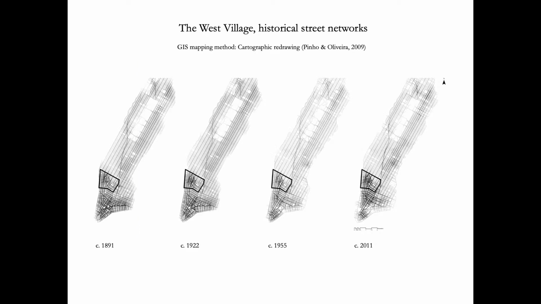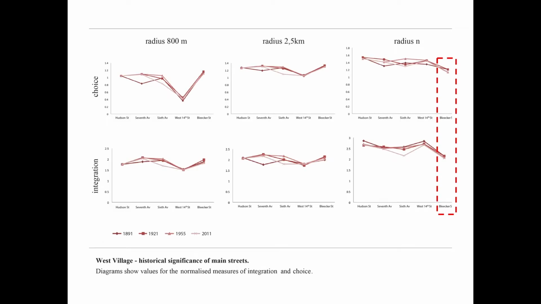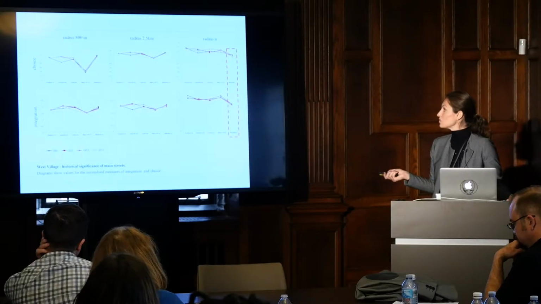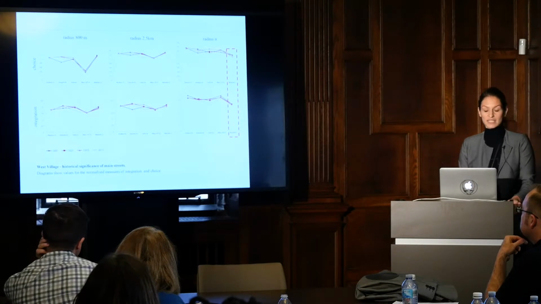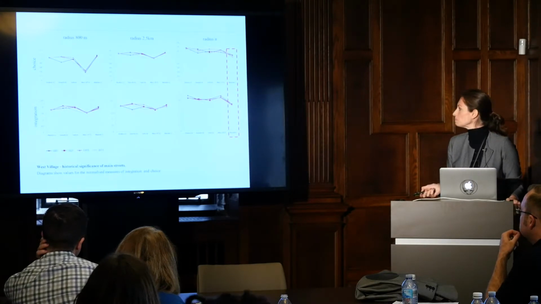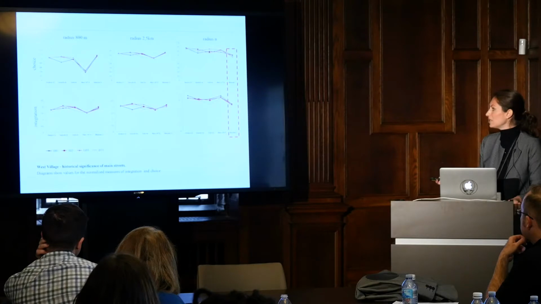So if you're wondering how I came about that, that was a mapping process. And by having this four-time series and looking again at the prominence of these specific streets, again I found that Bleecker Street was consistently weaker compared to the others in terms of the citywide connections. But it was doing very well at a local level.